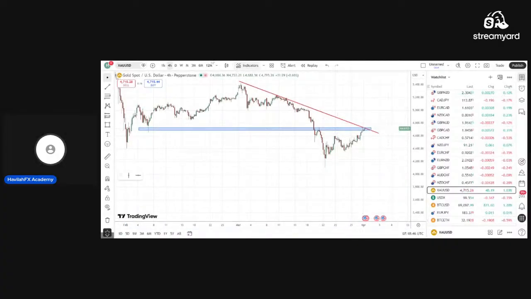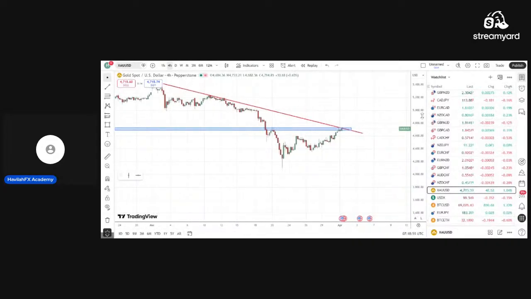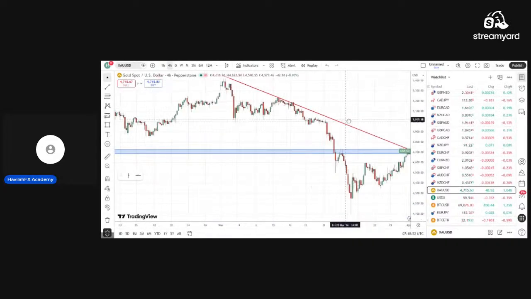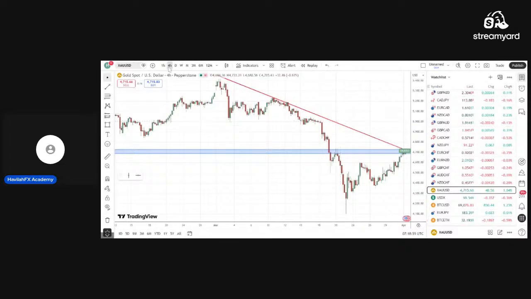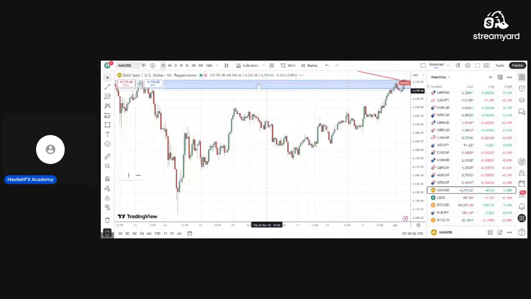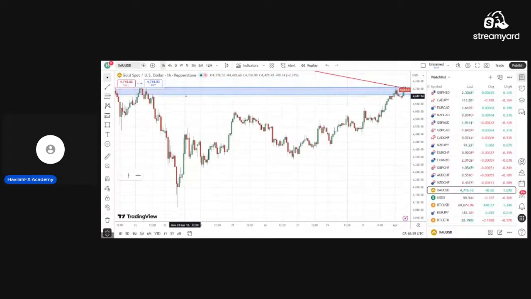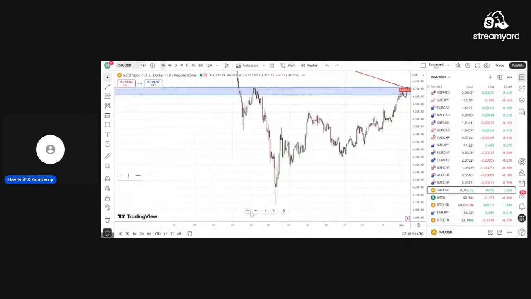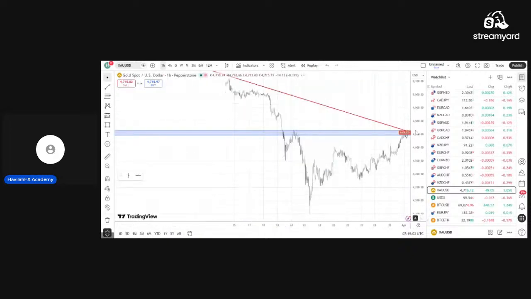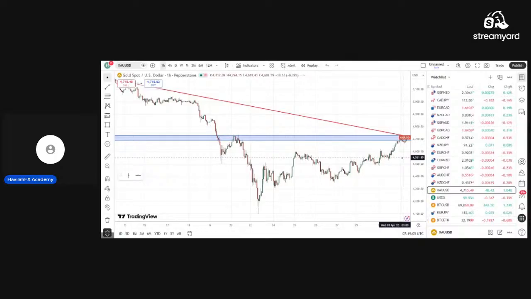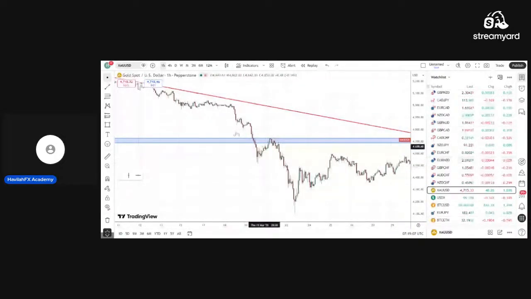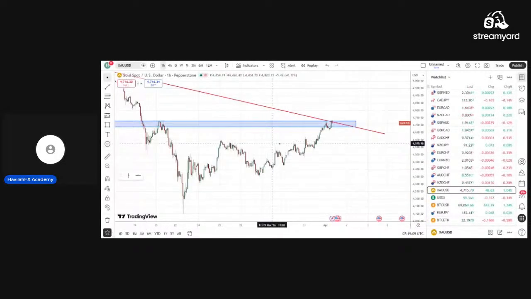Now, with this kind of setup, I want to confirm. Okay, price touched the trend line 2 times. All right.